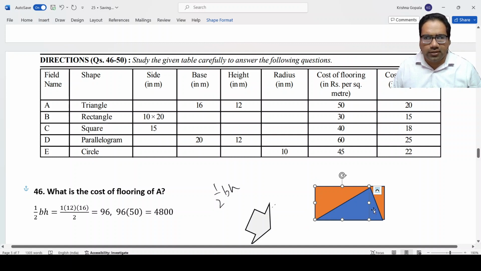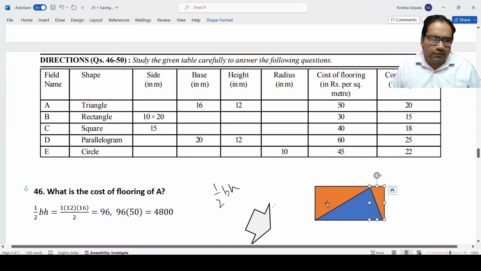Okay, similarly, this blue part of this triangle is equal to half of this entire rectangle, right? So one part of the triangle is half of one rectangle. Another part of the triangle is half of another rectangle. This part and this part need not be equal. But we still know that this triangle is half of two rectangles.